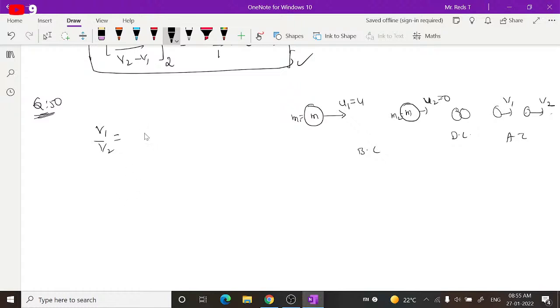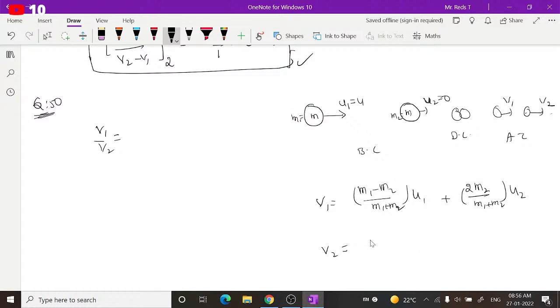you used to get the expressions for these final velocities by using those relations. I'm giving you directly here, but just try this once, guys. Then if we take the v1 and v2 relations, v1 will be (m1 minus m2) by total mass m1 plus m2 into initial velocity u1 plus 2m2 by (m1 plus m2) into u2.